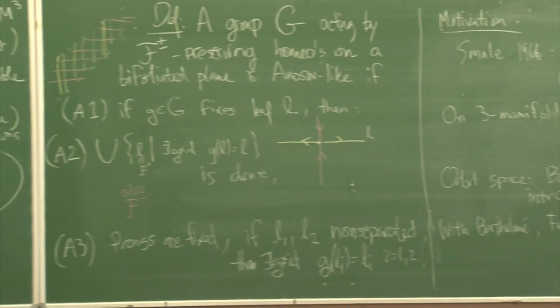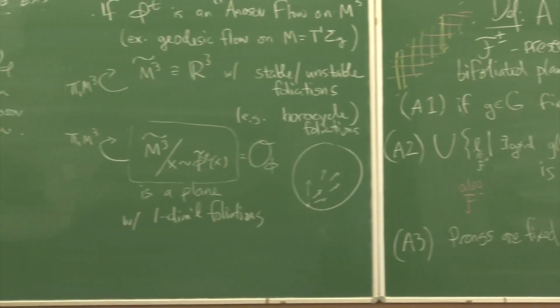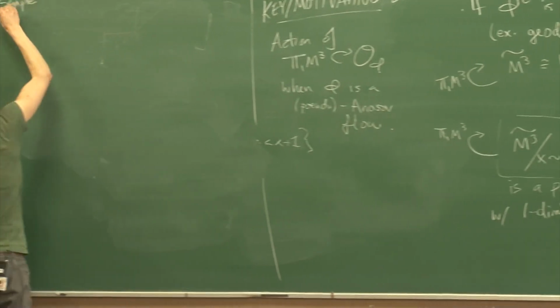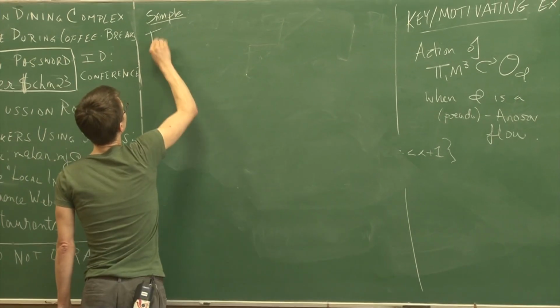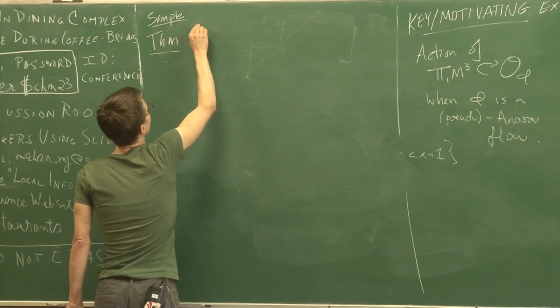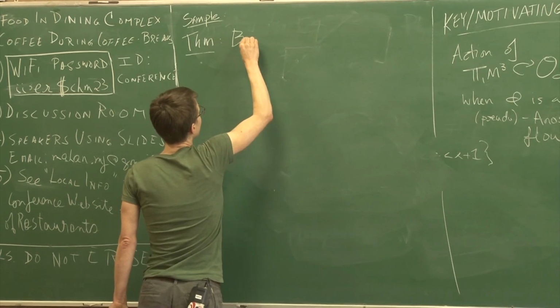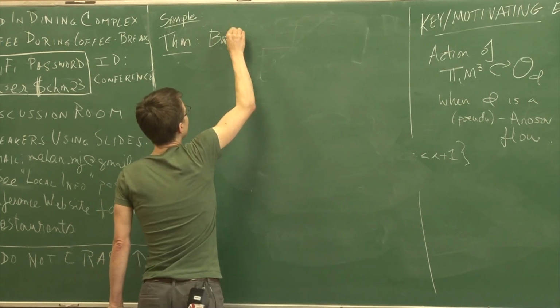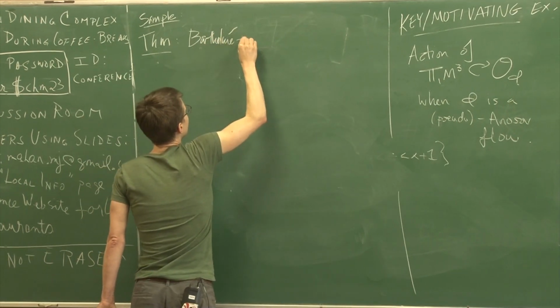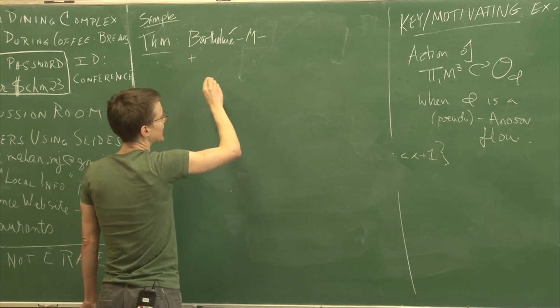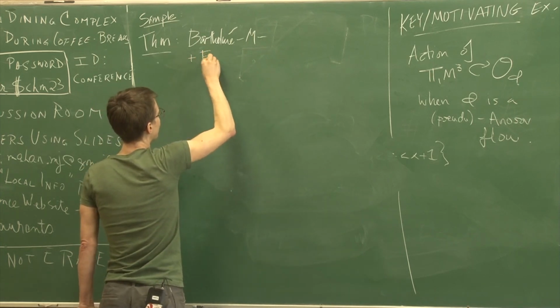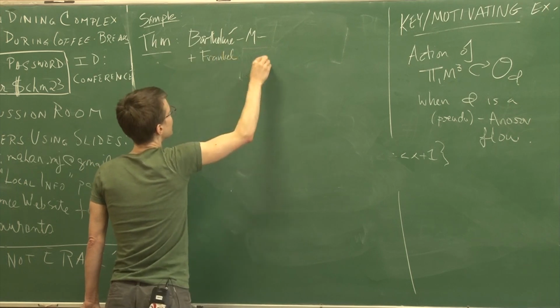So here's a sample theorem of what we do by looking at the orbit space. This is with Thomas Barthelmé in one paper, and then a second paper also with Steven Frankel.